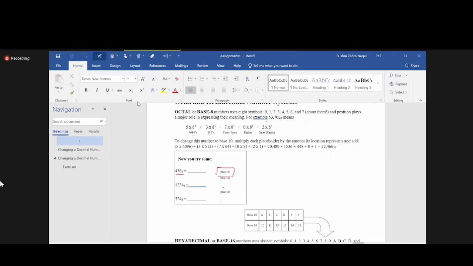So what I ask you is to write your answer in the chat box, for each number, like 1, 2, 3.